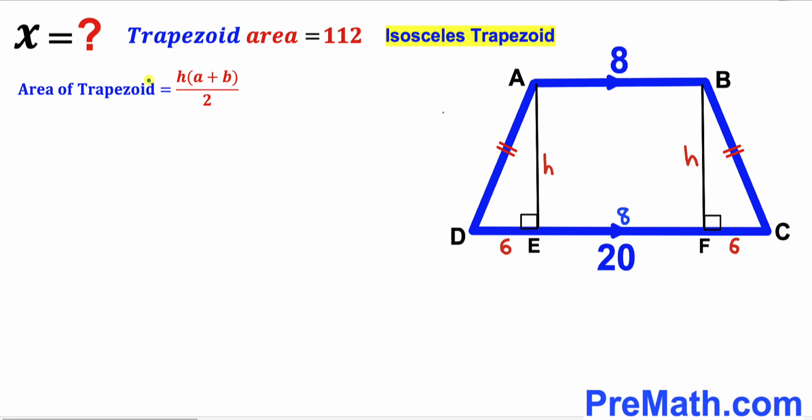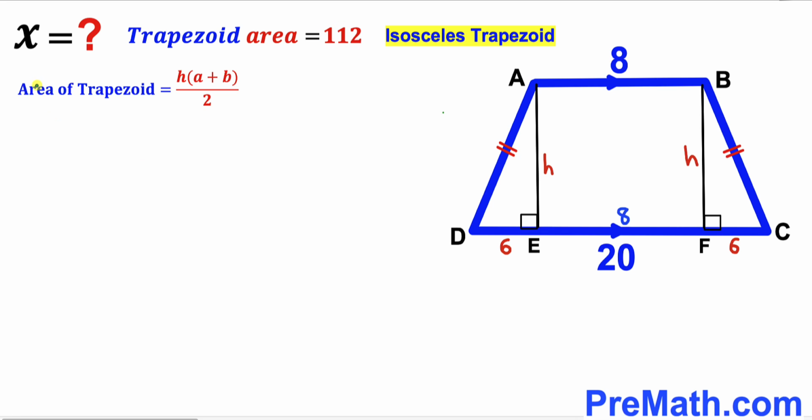Now let's recall the area of a trapezoid formula. Area is always equal to height h times base a plus base b all over 2. In our case our bases are 8 and 20, and the height is lowercase h. Furthermore, the area of this trapezoid has been given to us as 112 square units.